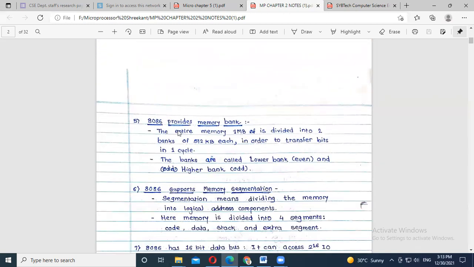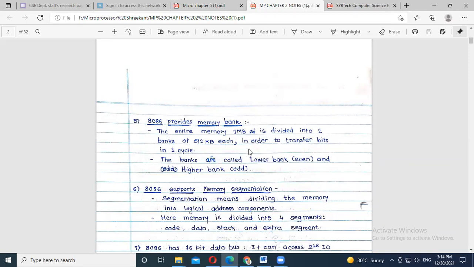Okay. And the fifth main feature of 8086, it provides a memory bank. Memory bank means it has a lot of memory compared to 8085. The entire memory is 1 MB, which is divided into two banks of 512 KB each.